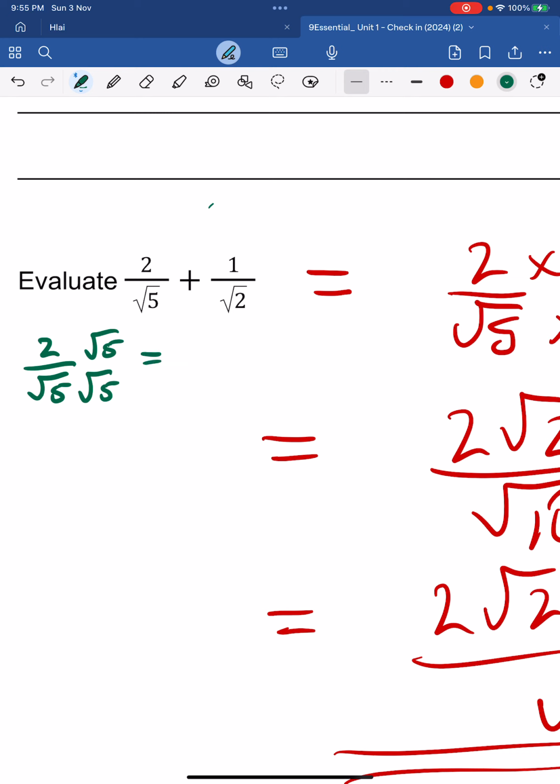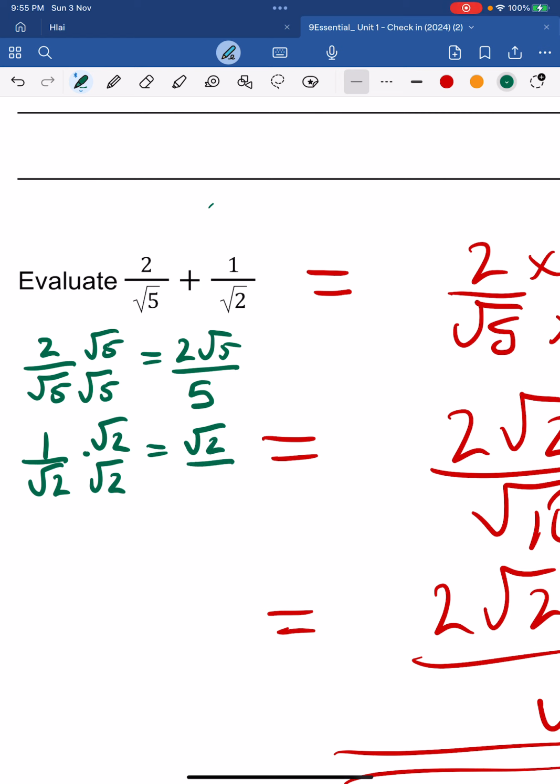Can you see that would be 2 root 5 over 5? What if I get the 1 over root 2 and I rationalize this denominator? That would be root 2 over 2. And now the question I would have is 2 root 5 divided by 5 plus root 2 divided by 2.